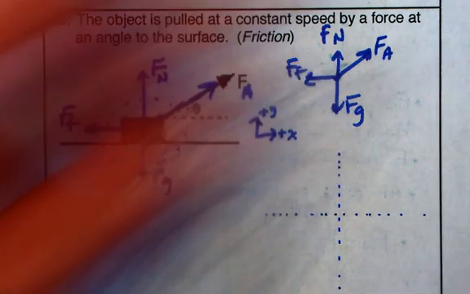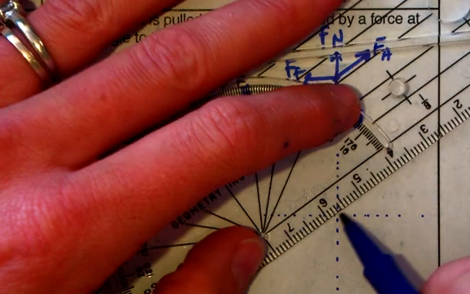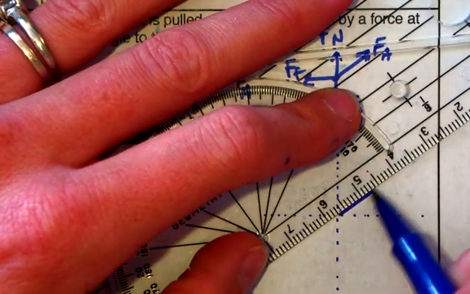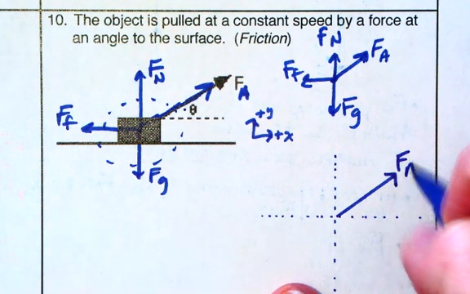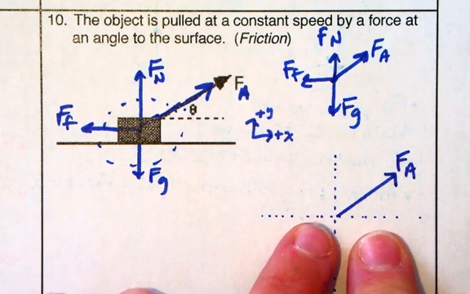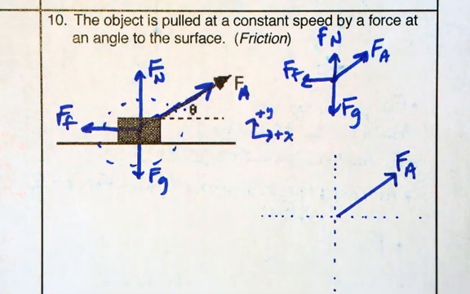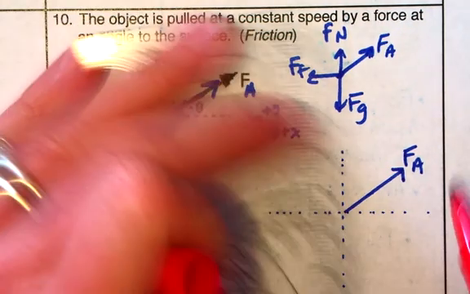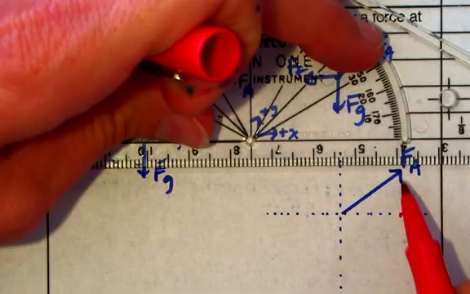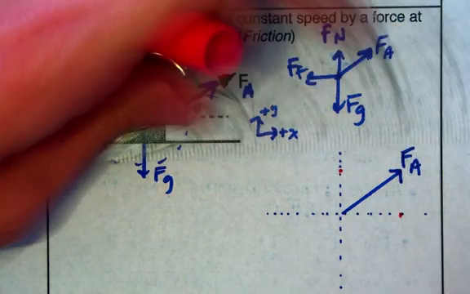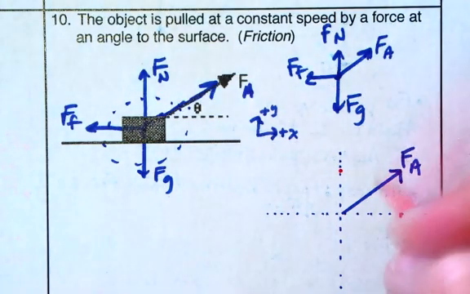So I'm going to purposely draw my applied force vector, because if we have the vector that has 2 directions, it makes it really easy to draw the components. So if this is my vector, then it's coming out this far in the x direction, and it's going up this much in the y direction.